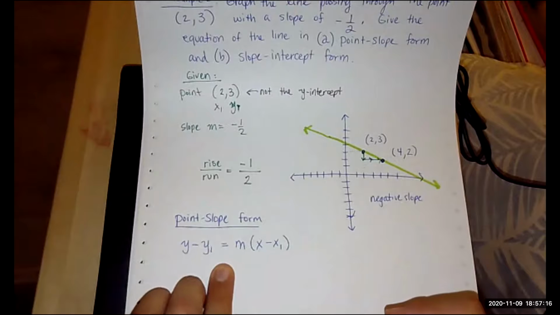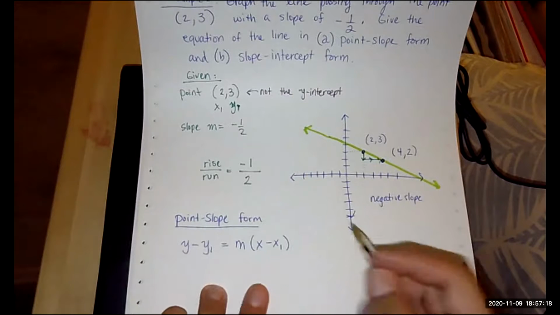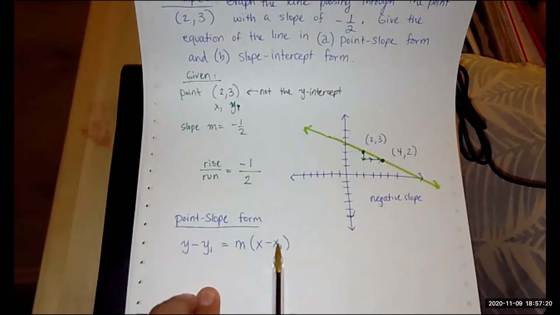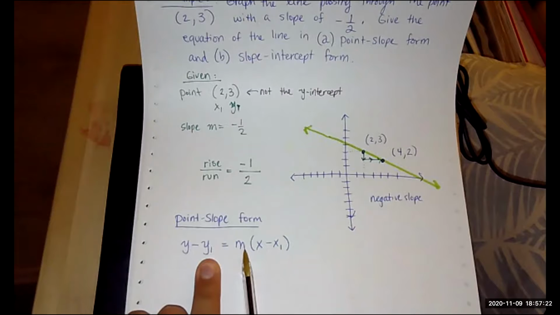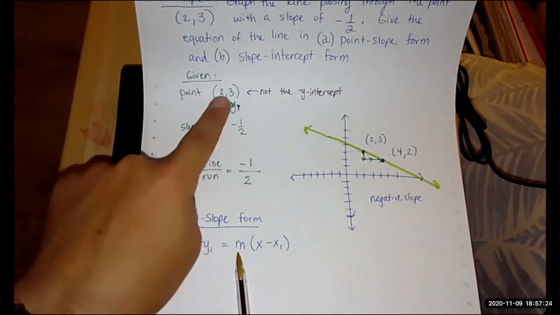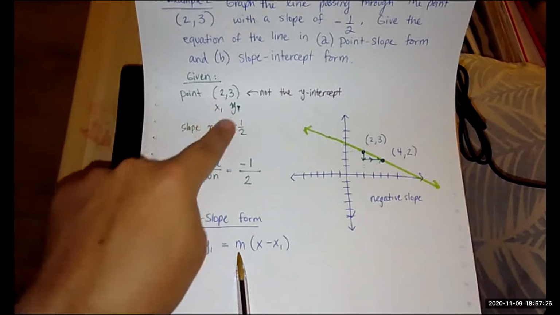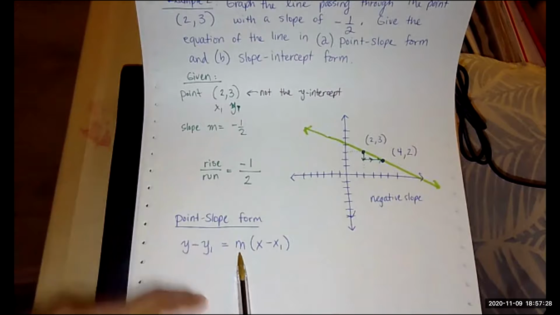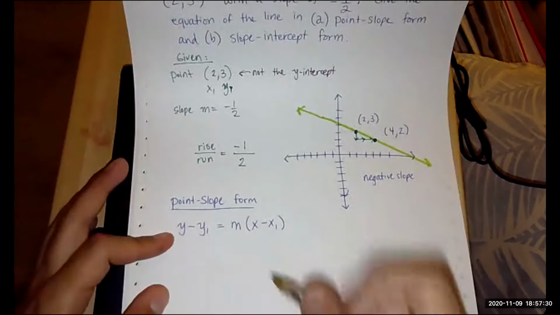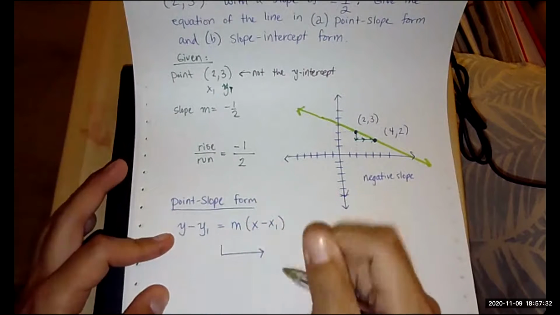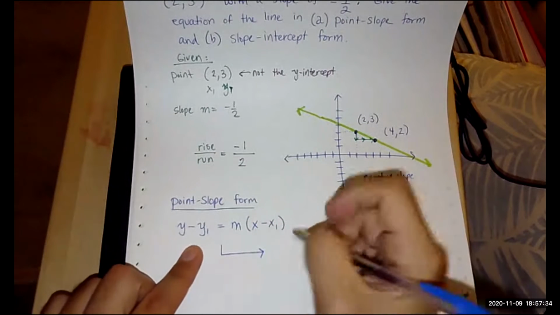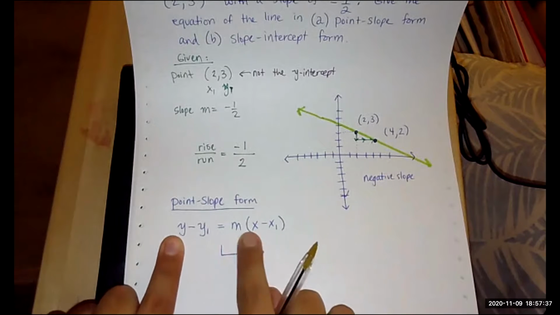Okay. And we've been given both x1, y1, and we've been given the slope m. So I can take these values and plug them into this point slope form. So I can say that the equation for this line should be, I'm going to leave these alone.